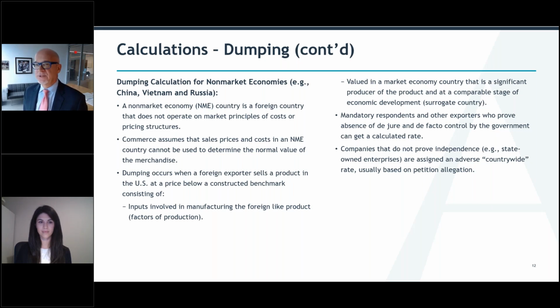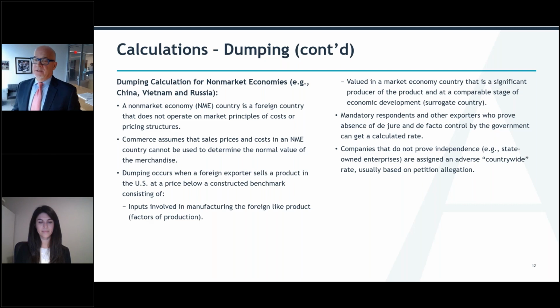And so the calculation of the dumping margin for China is rather unfavorable, because companies can't know whether they're dumping or not until the actual proceeding happens, because they don't know what the Commerce Department will ultimately use to calculate normal value, because it's not their own transaction, say in their home market or in a comparison market.